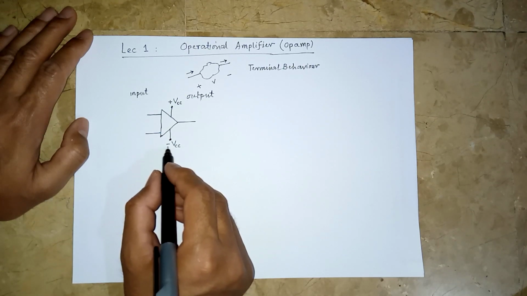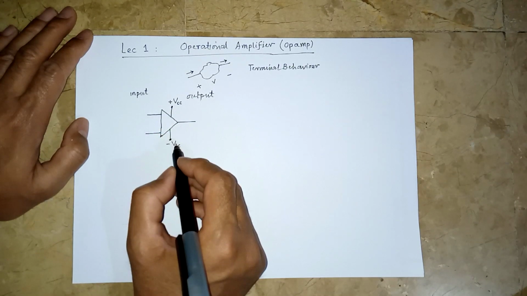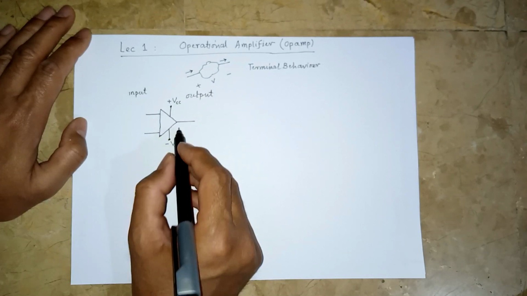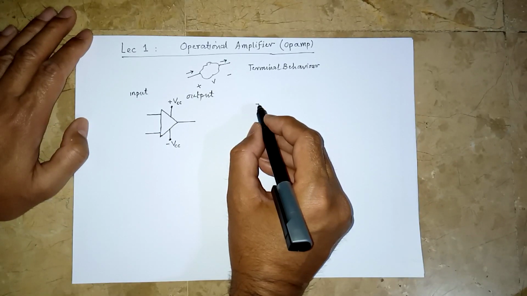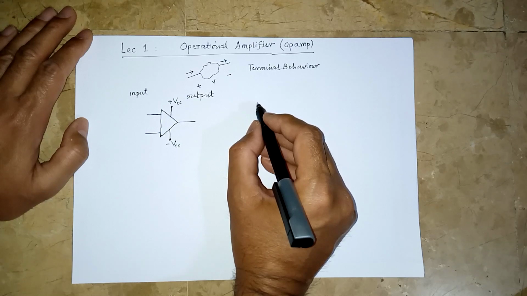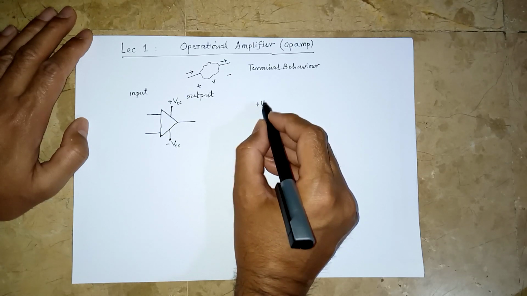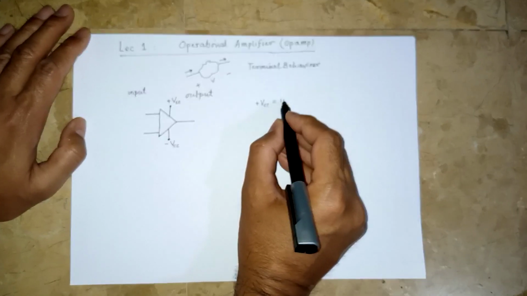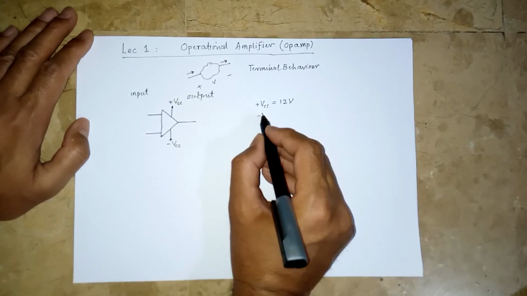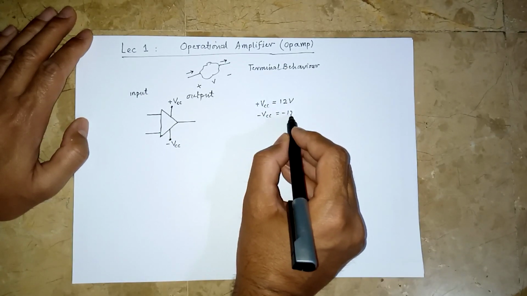Let us term it as minus VCC. So these voltages can be equal, or can be different as well. So plus VCC, for example, can be plus 12 volts, and minus VCC can be minus 12 volts.